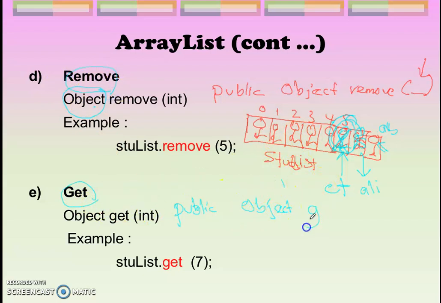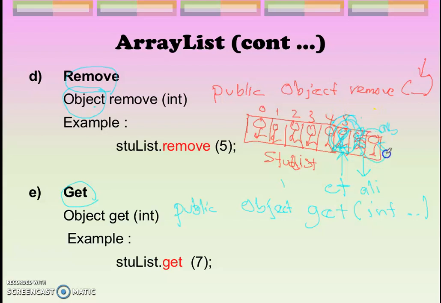Okay, this one is get. So get dia akan return value inside the list. Okay, this one is integer, so integer keberapa lah kan. So for example this one stu list, this one stu list get index ke-7. Okay, 5, 6, 7.